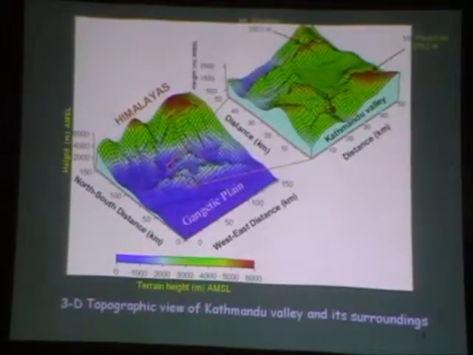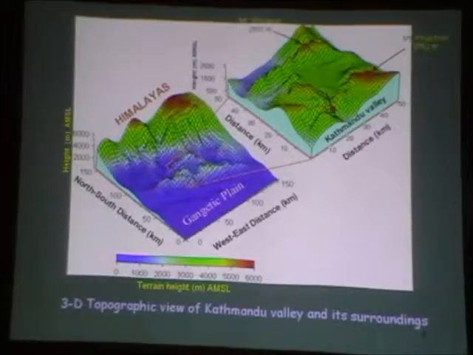It is completely surrounded by rather steeply rising mountains and hills ranging from 500 to 1500 meters above the valley floor, except for some low mountain passes in the eastern part and in the southwestern part. And this is the single outlet, where the Bagmati river flows, the single outlet of this valley.